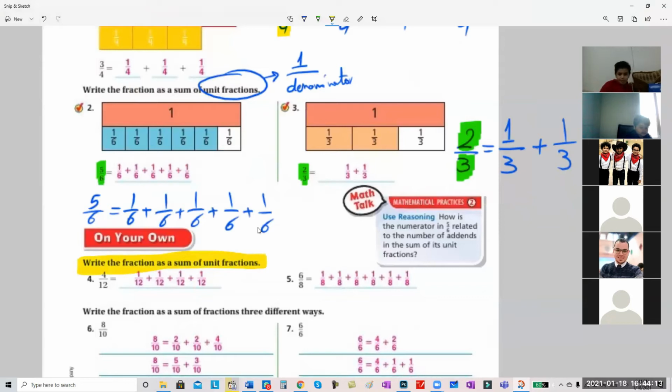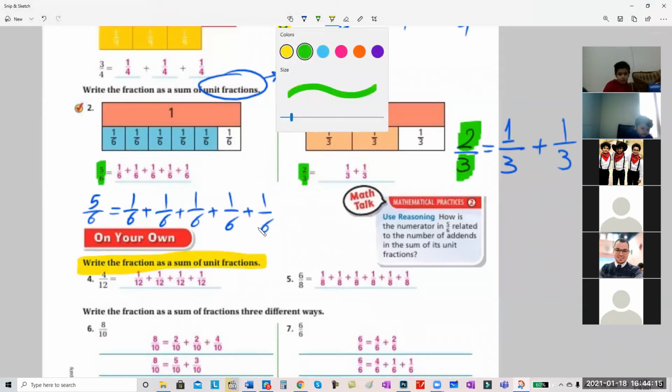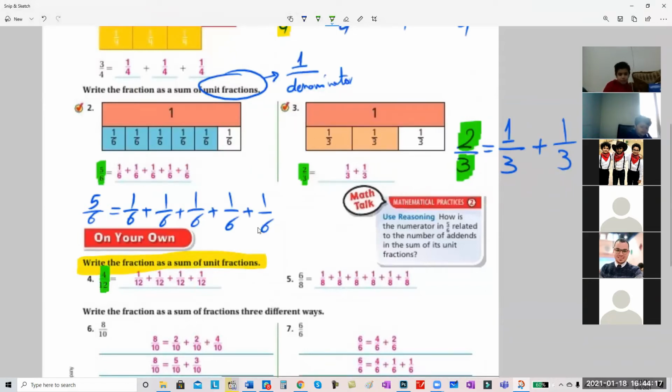Four of the 1 over 12, so it will be 1 over 12. How many times are we going to repeat it? Four times, because we have 4 in the numerator, so our answer will be 1 over 12 plus 1 over 12 plus 1 over 12 plus 1 over 12. Thank you, Sultan. Great job.